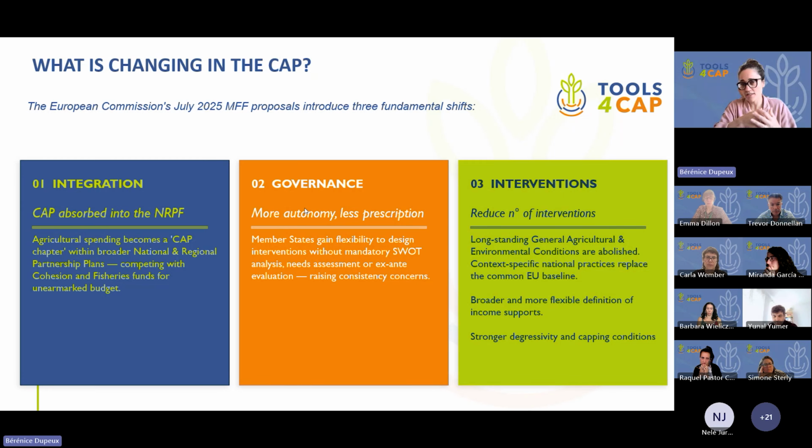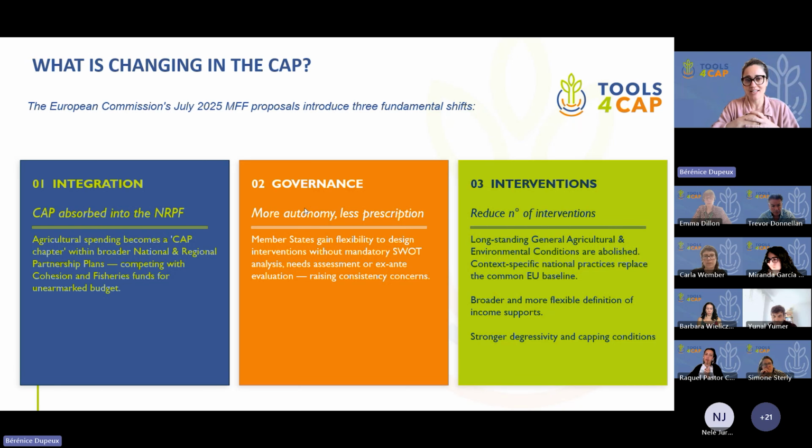That was already the case under the CAP strategic plan regulation. However, here there are fewer mandatory steps than previously existed. So we don't see an ex ante evaluation. That is, we don't see a SWOT analysis, for instance, or needs assessment and prioritization. So member states have a bit more flexibility granted.